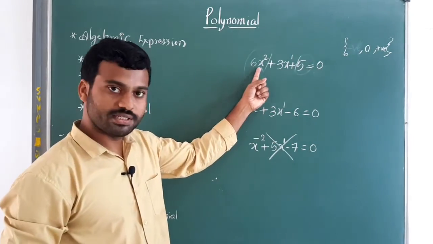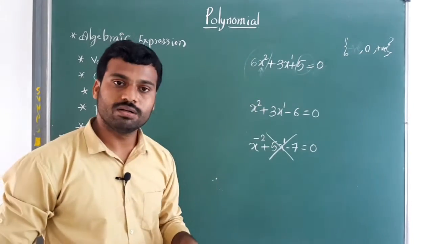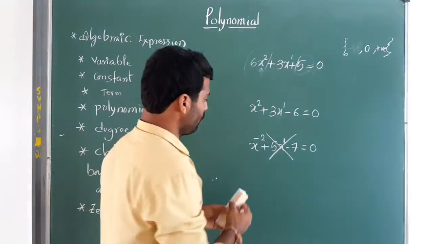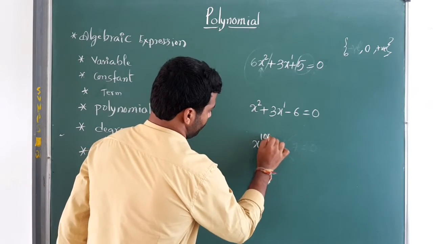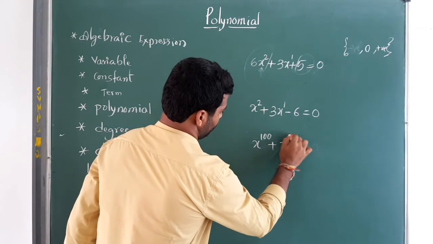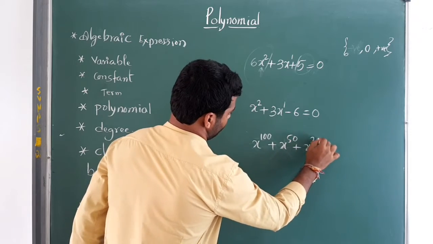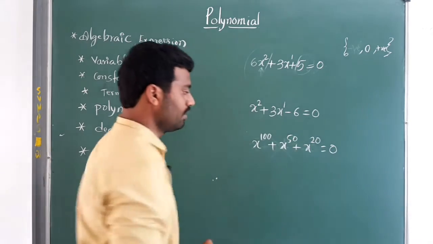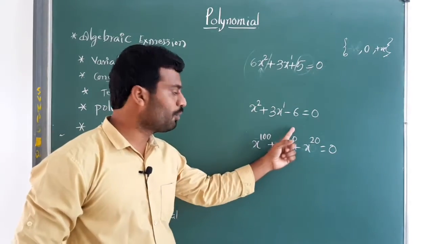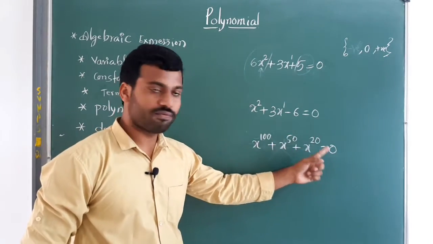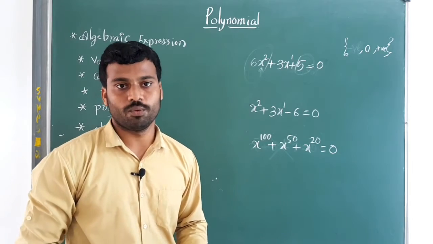Here also one variable is there. The power of the variable is what? 2. I will take some more examples. x to the power of 100 plus x to the power of 50 plus x to the power of 20 is equals to 0.